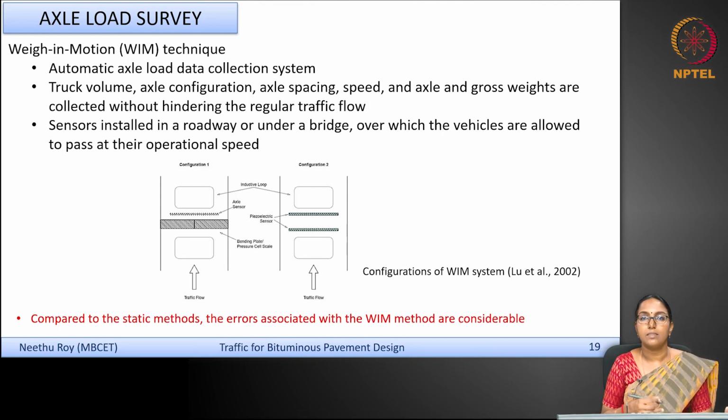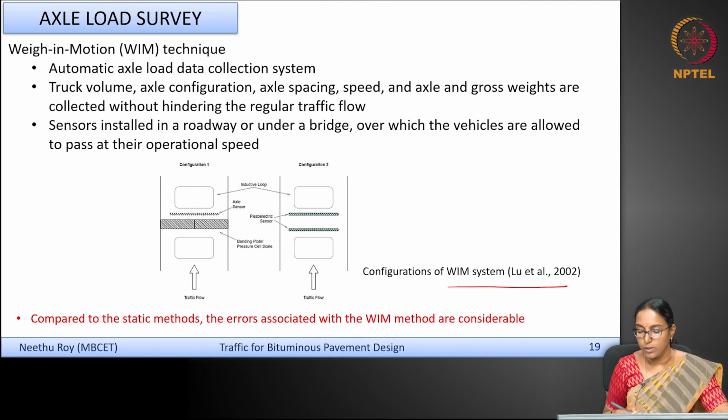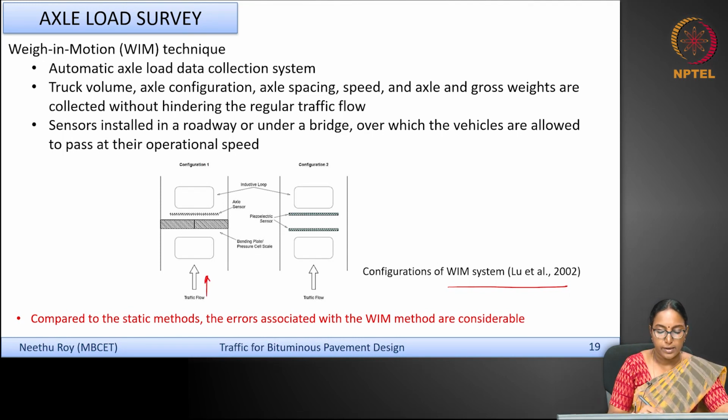And there can be various arrangements of sensors on the road to collect this information. Here are some of the configurations of weigh in motion systems as per Liu et al. 2002. You see that this is the traffic flow direction, and a bending plate or a pressure cell scale is used here, and there is an axle sensor to sense the axles, and there is an inductive loop.